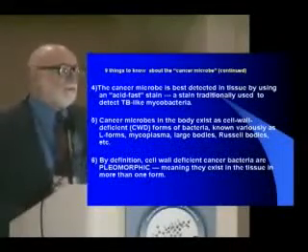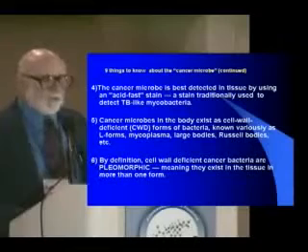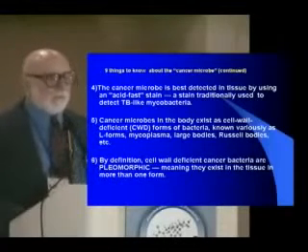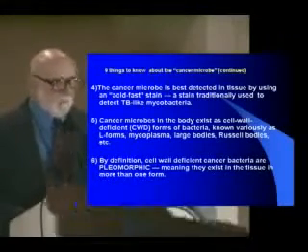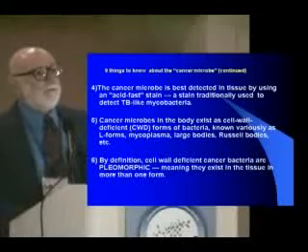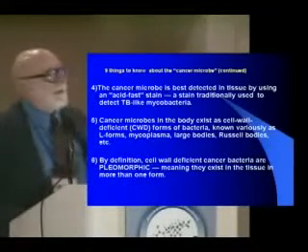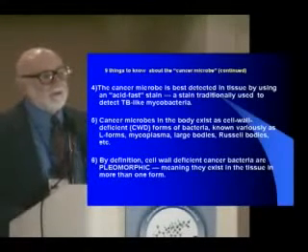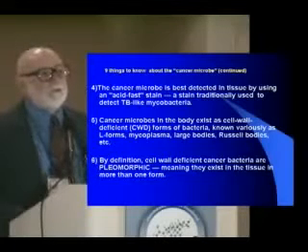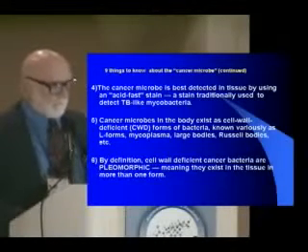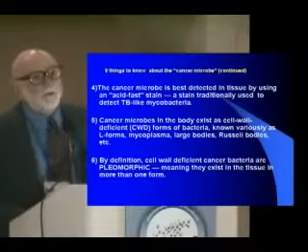The cancer microbe in tissue is best detected by using a special stain called the acid-fast stain. The acid-fast stain is a tissue stain that has been traditionally used to detect mycobacteria.